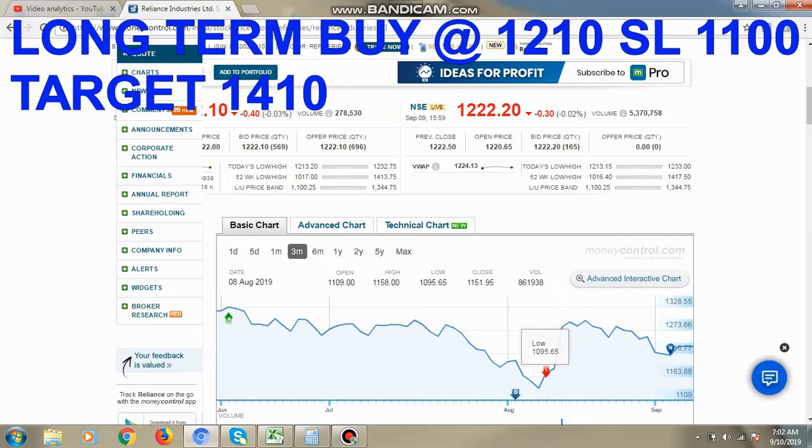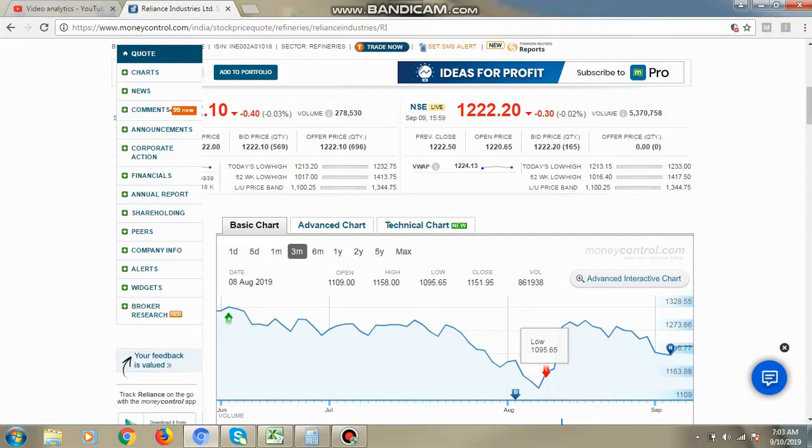Keep a stop at 1100, which is around 8% stop loss, and look for a target in excess of 1400. So there is a stop loss of 100 rupees, and a target of say around 300 rupees. So 1 is to 3 is your risk reward situation.